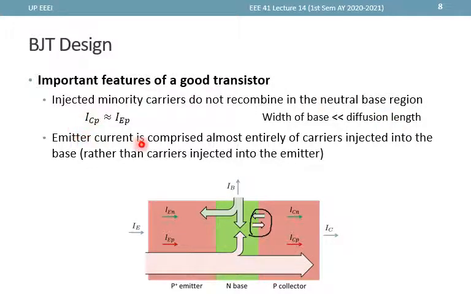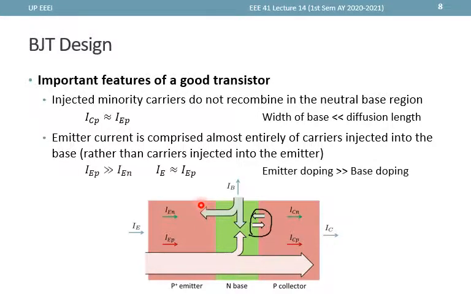Also, the emitter current must be comprised almost entirely of carriers injected into the base rather than carriers injected into the emitter. So this emitter current here is actually referring to IE. We want this IE to be comprised entirely of carriers injected into the base, so that is this flow of carriers here. For the case of PNP, it is IEP, rather than the carriers injected into the emitter, which is this current IEN.